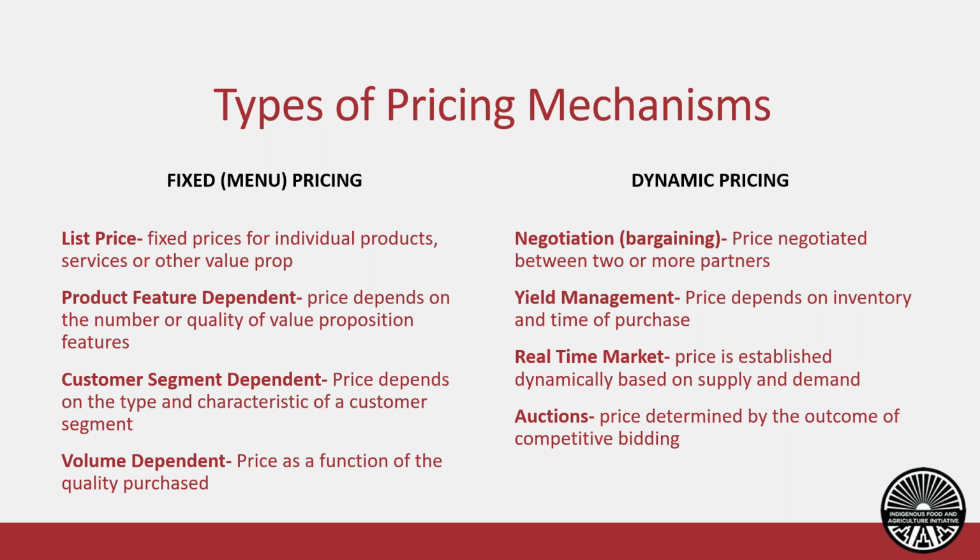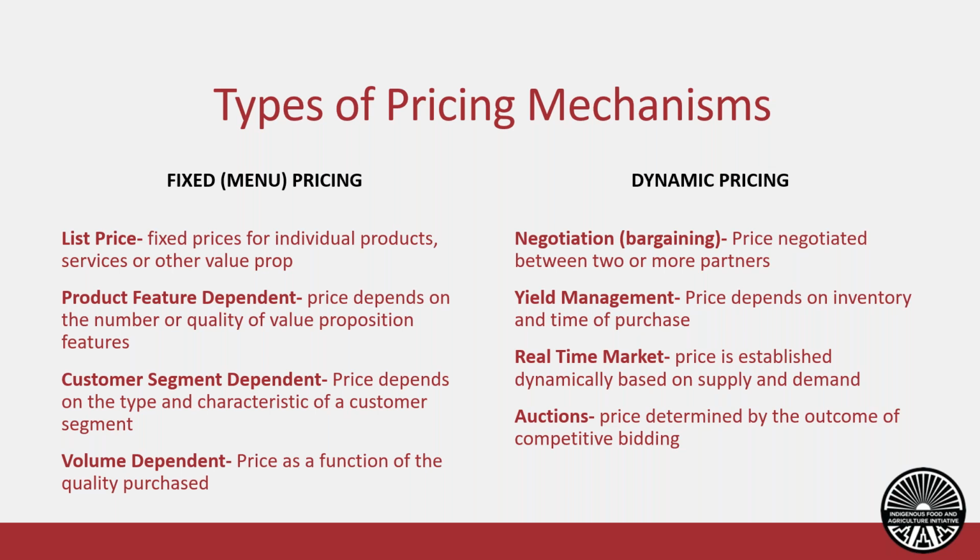This means the price depends on the type and the characteristics of a customer segment. Maybe you sell differently, your prices are different for people who come visit you at the farmer's market compared to people that you're selling to that own restaurants or other businesses. Those are different customer segments, and you will price those things in a different way.